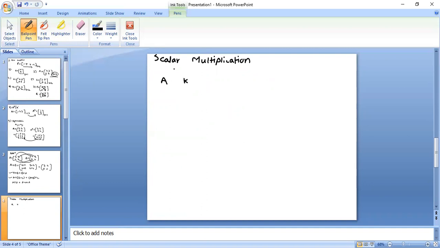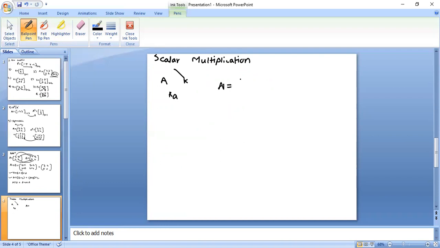Okay, k is a scalar, that is a real number, then kA. The scalar multiple of A is defined as kA. So you have to multiply the given matrix with k, that is the real number.